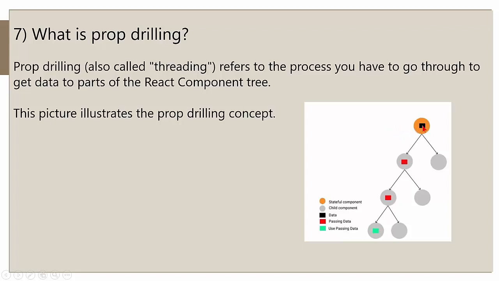Maybe an API call would have got the data, but this component needs the data to maybe trigger some events or show some data in its own component. So this data has to be passed through all these components. Probably these components would not have been using this data also. But this green marked one is using the data from here. So it's all drilled down towards the component. That's called props drilling.